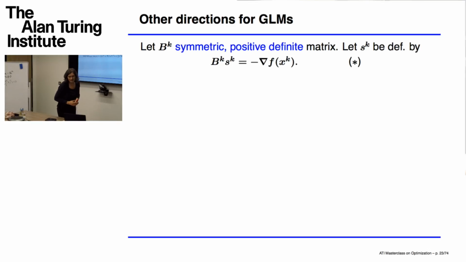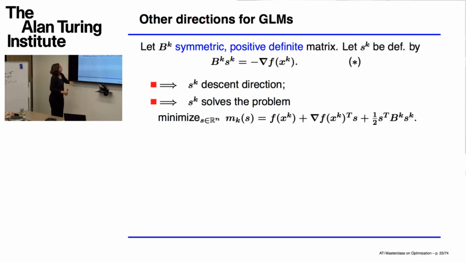So how do we do that? Well, if B_k is symmetric and positive definite, one can show that this gives me a descent direction. This is one thing you could try to prove by yourself, because it's not very hard. So if B_k is symmetric and positive definite, I have a descent direction.